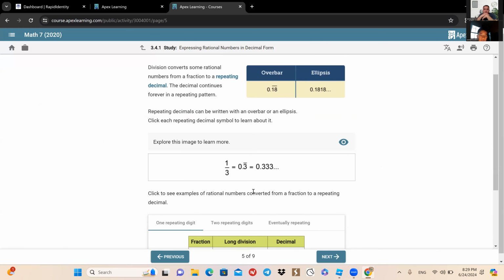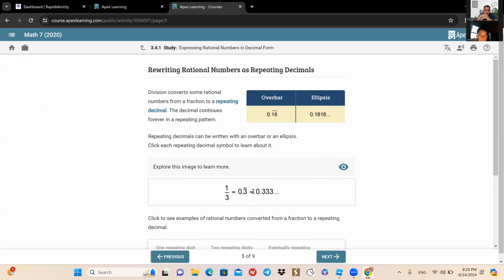Okay, what is it at the top? Rewriting rational numbers as repeating decimals. Can you read it first? Division converts some rational numbers from a fraction to a repeating decimal. The decimal continues forever in a repeating pattern.